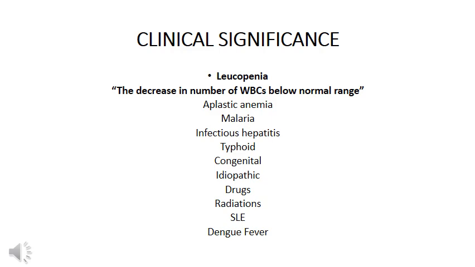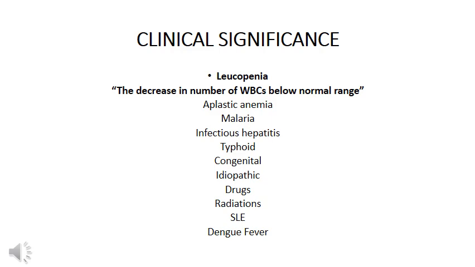Here is another important clinical condition known as leukopenia. Leukopenia is the decrease in number of WBCs below the normal range. It means less than 4,000 WBCs in blood in adults is the condition of leukopenia.